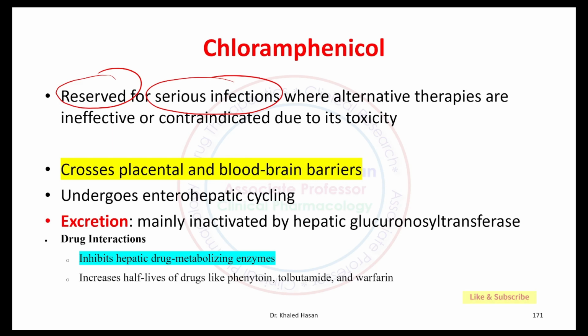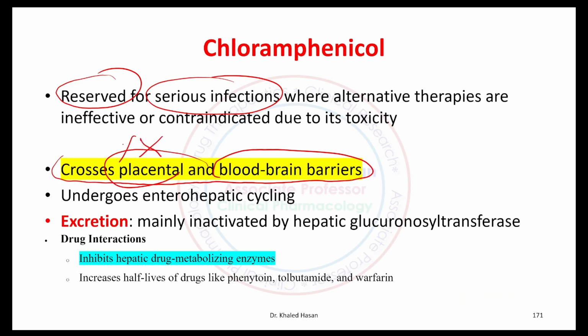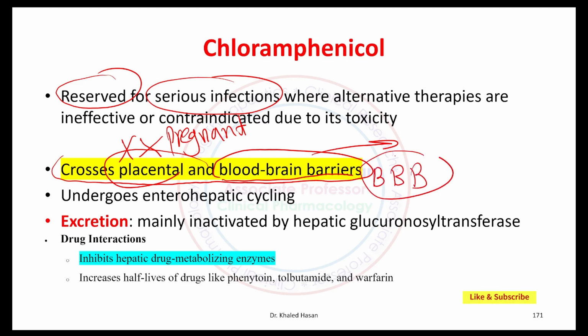This medication is able to cross the blood-brain barrier and cross the placenta. Therefore, we don't use it in pregnant women. Because it crosses the blood-brain barrier, we can use it to treat patients suffering from meningitis, for example.